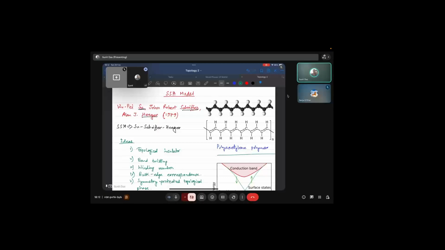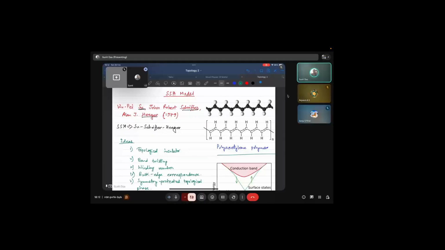So we have a carbon-carbon bond, and the carbons also have a bond with hydrogen. Now there are two types of bond, as you can already see: a double bond and a single bond. So this is a 1D polyacetylene polymer chain that was introduced to explain the increase in conductivity in the polyacetylene polymer.